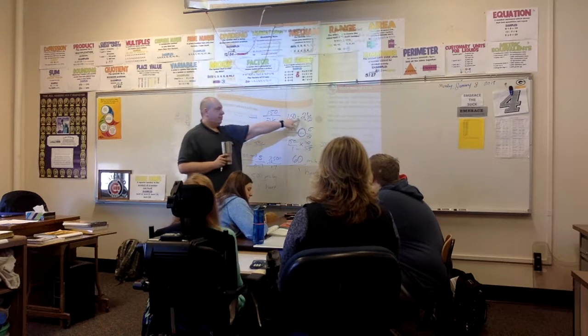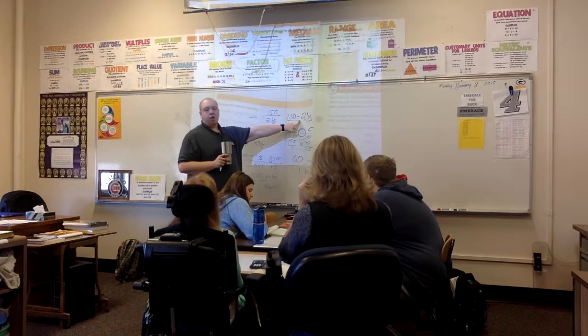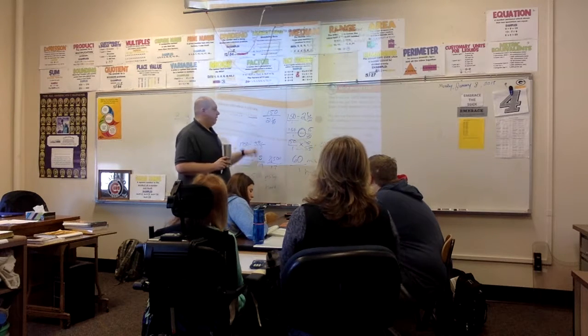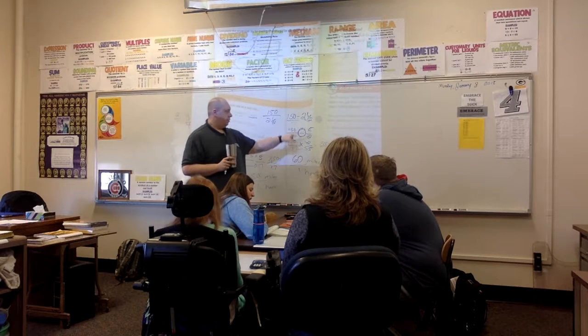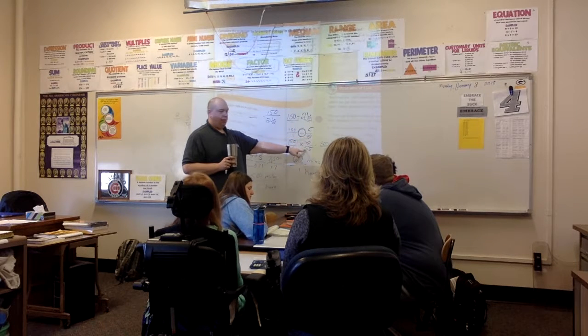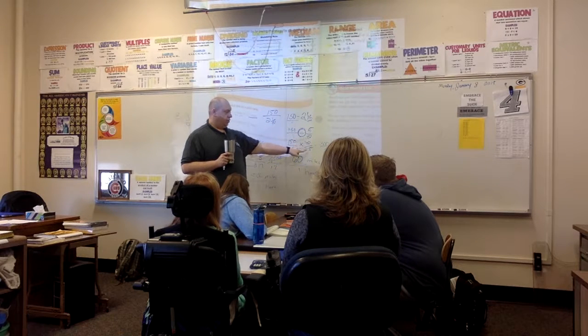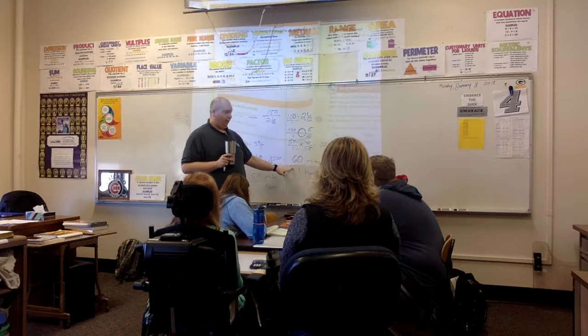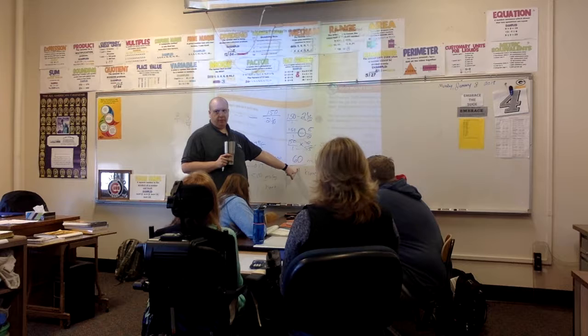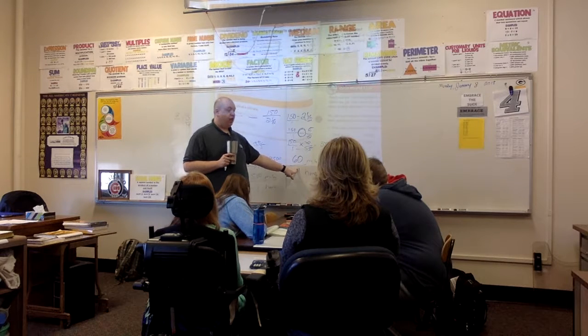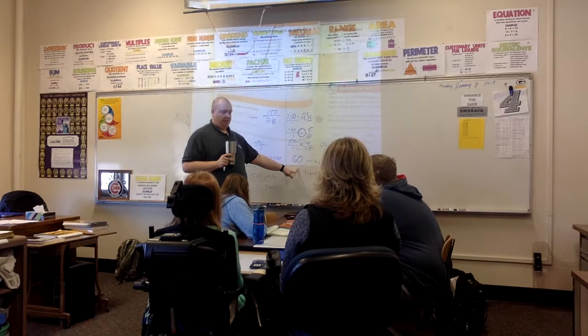You'll always have to rewrite it as a more traditional division problem. You will always then need to find the reciprocal. Will you always need to change mixed to improper? No. You will always then multiply straight across. If it's asking for a unit rate, your answer has to be over 1. Okay? If it's just saying solve the complex fraction, it doesn't have to be a unit rate.